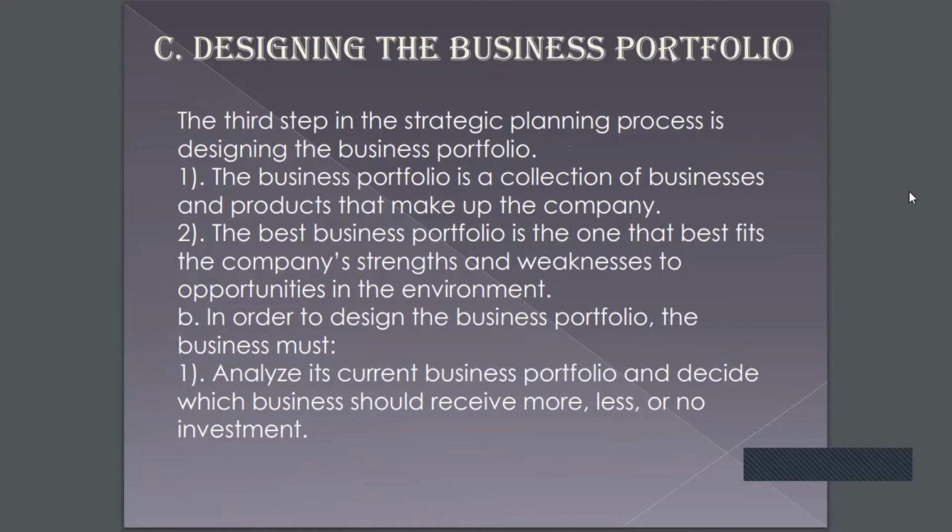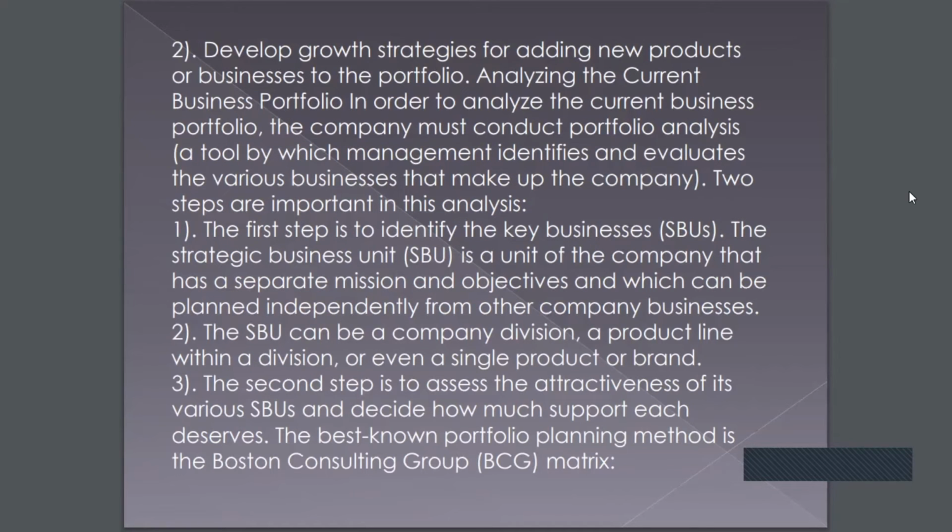In order to design the business portfolio, the business must analyze its current business portfolio and decide which businesses should receive more, less, or no investment, and develop growth strategies for adding new products or businesses to the portfolio.